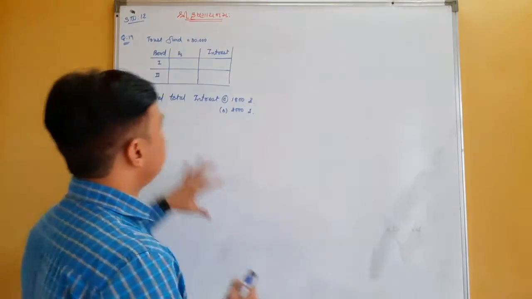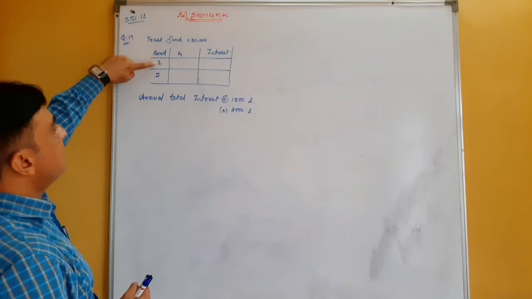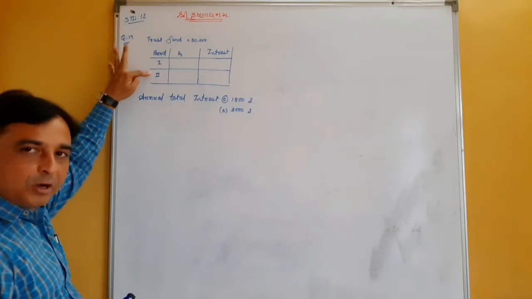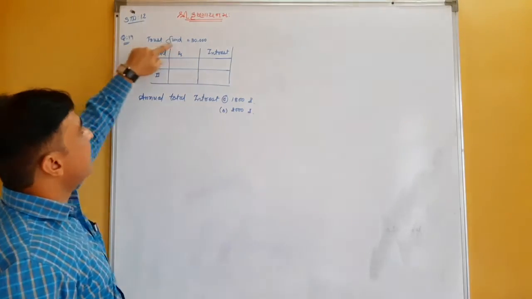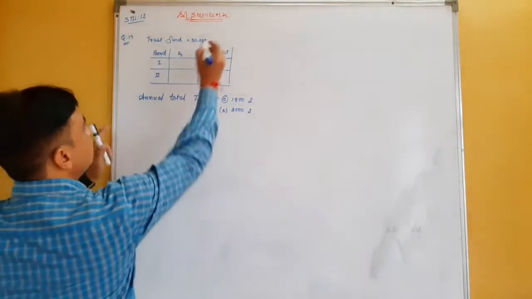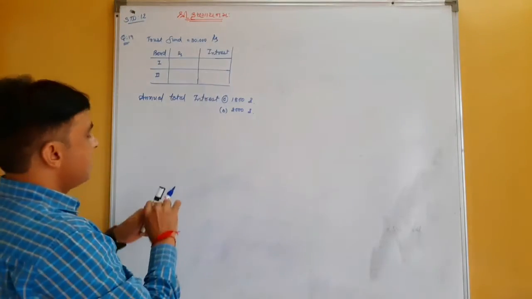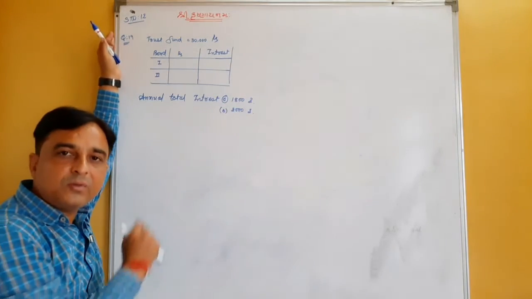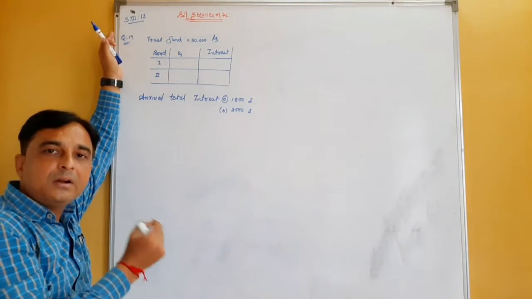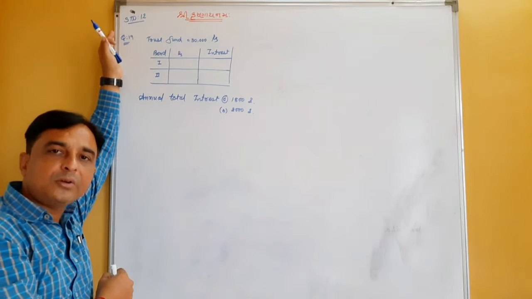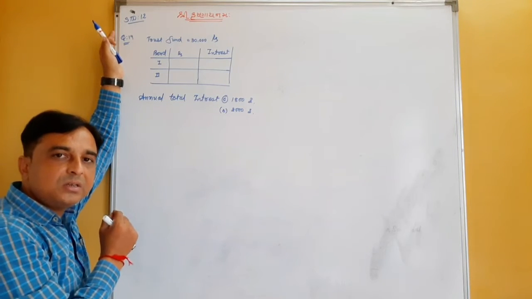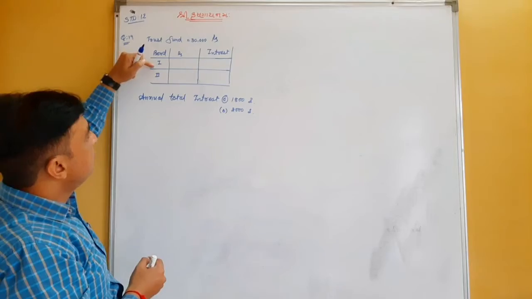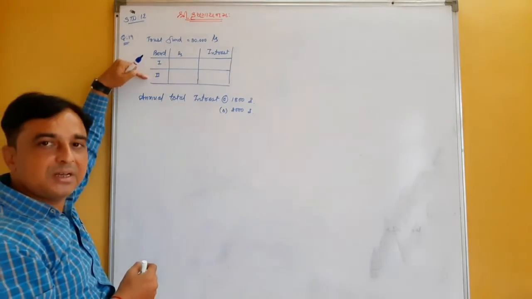So we are making a table. Suppose in the first bond and second bond, the total money trust has is 30,000 rupees. First, the annual interest we need is 1800. To earn 1800 annual interest, how much money we have to put in the first one and how much in the second one.